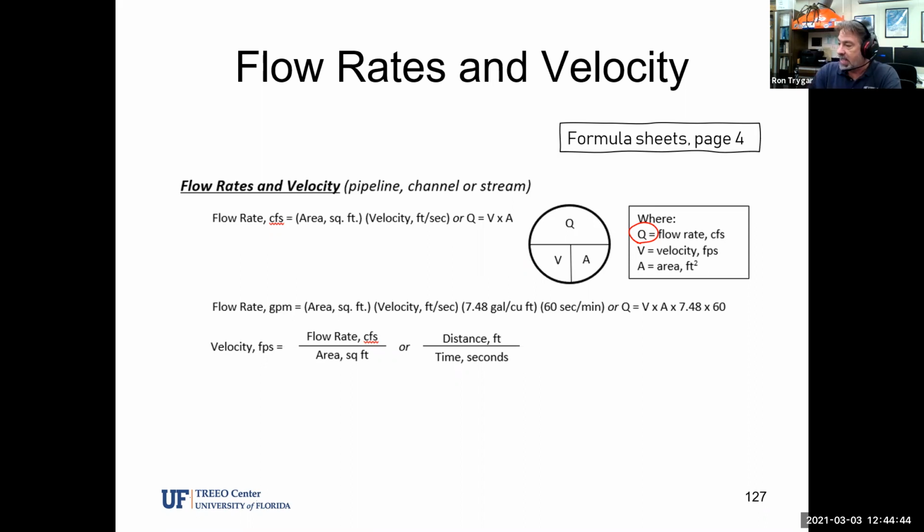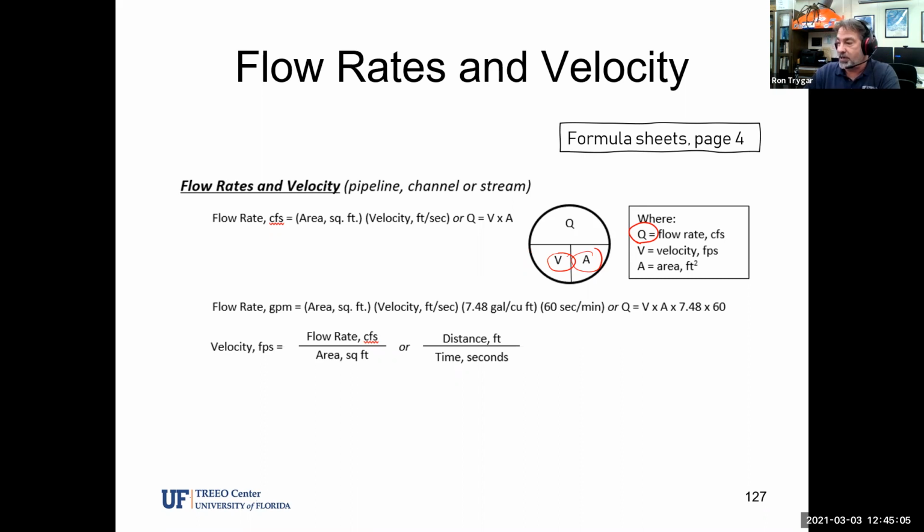And the V is velocity. Anytime you see V, velocity is going to be expressed as either feet per second or feet per minute. And then A in our example here represents area. Area is always known as square feet, which is something we did a little bit earlier in our discussions in this video.